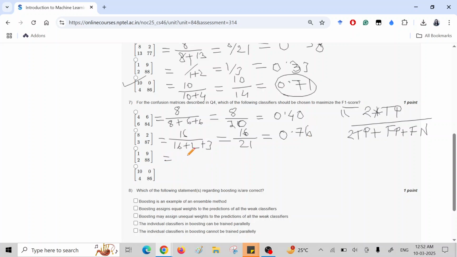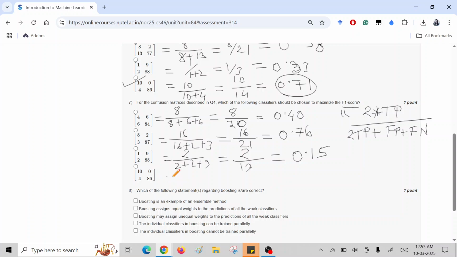Then the third option, 2 TP, that is 2, plus 9, which is equal to 2 divided by 13, which is equal to 0.15.